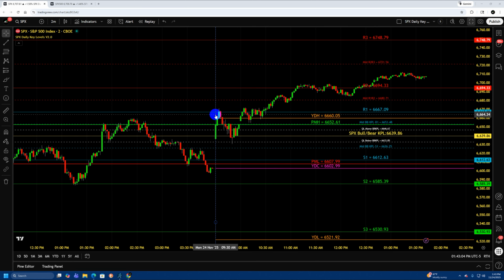If, for example, it had closed out of range, then you would avoid the 9:30 a.m. opening candle trade, even though it does close above or below the bull bear key price level, and you would simply wait for a better opportunity off of either the bull bear KPL later in the session, or take a bullish or bearish trade off of one of the other main key levels as the session progresses.